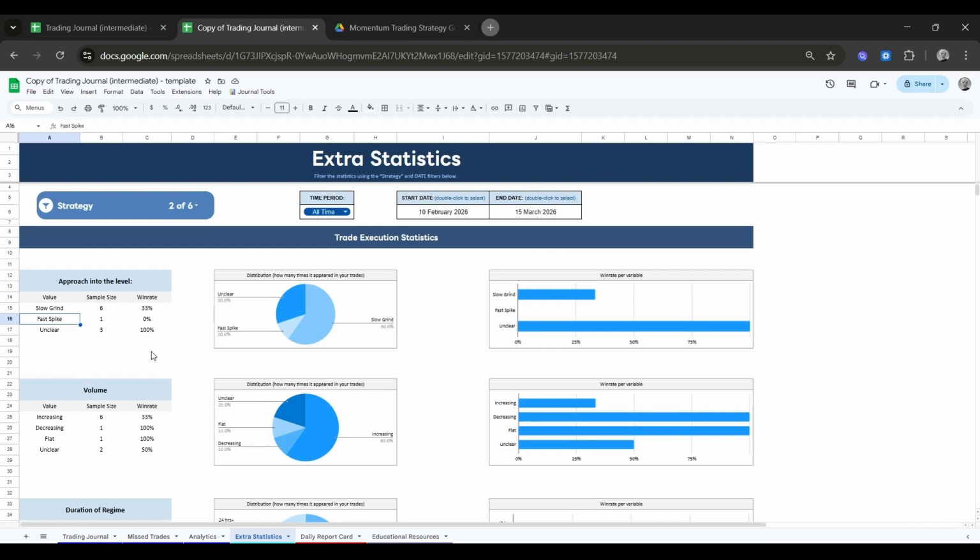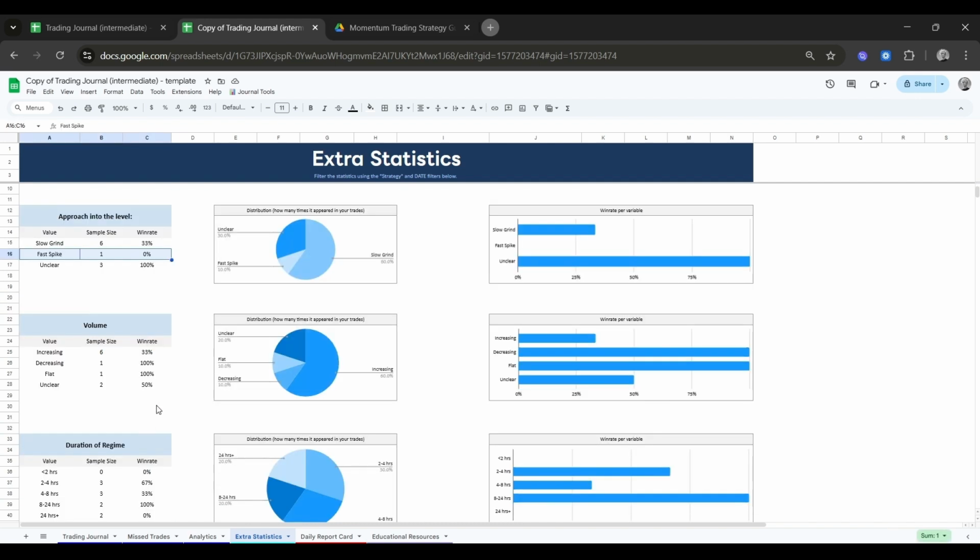So whatever is good for one style of strategy is bad for the other, and vice versa. So for momentum, this is good but this is bad for mean reversion. Fast spikes, bad for momentum, good for mean reversion. For the volume, increasing volume is great for momentum, but bad for mean reversion. Decreasing volume is good for mean reversion, but bad for momentum.